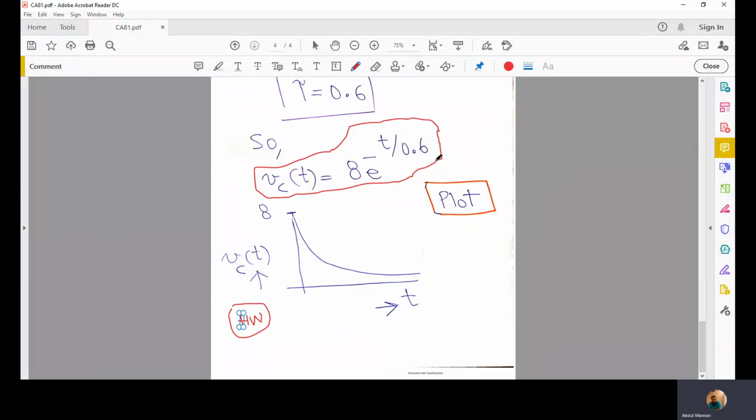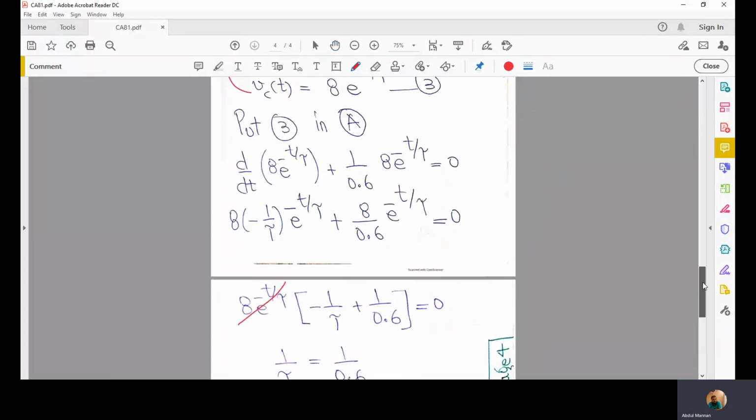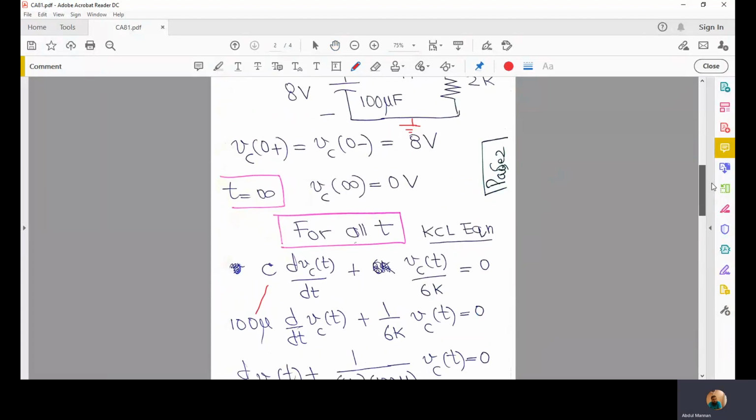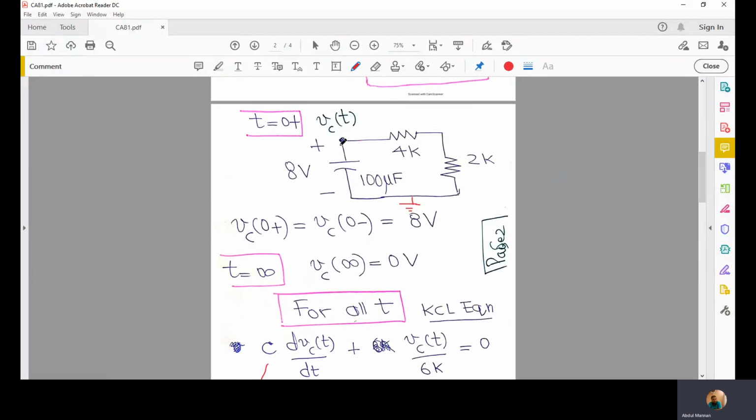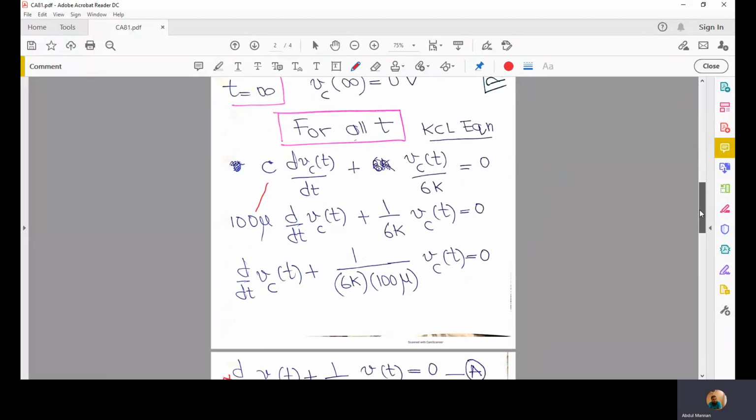But at the end, we have a homework for our students. We have computed Vc of t, the voltage drop across the capacitor in this circuit. So students are required to find the voltage drop across the 4K resistor, across the 2K resistor, and the current in this series circuit.